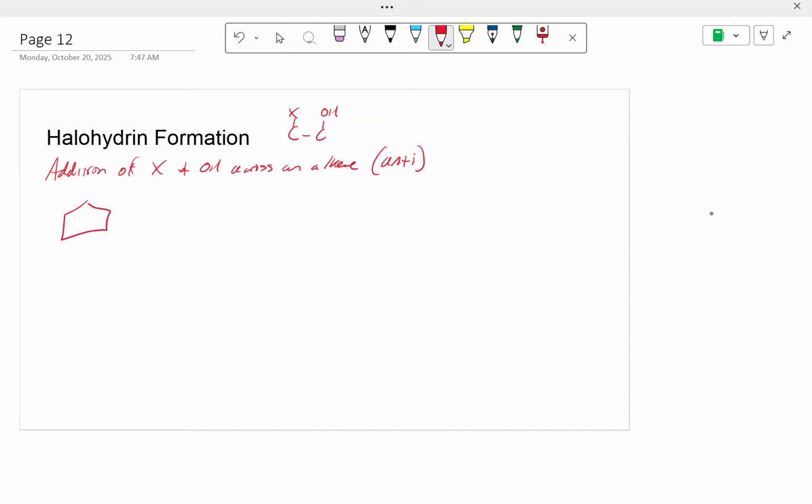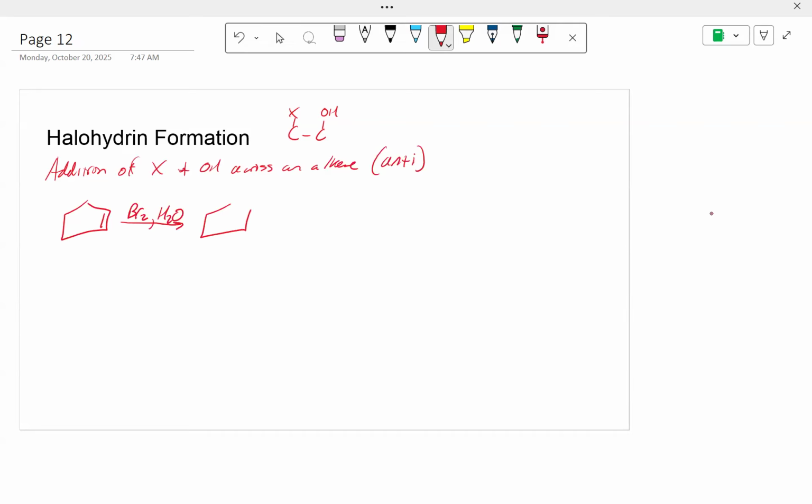So let's look at an example of this and look at the similarities and differences between the last page. We're going to use, again, diatomic halogen as the source of the halide, but then we're going to use water as well. So it's bromine and water all mixed together.